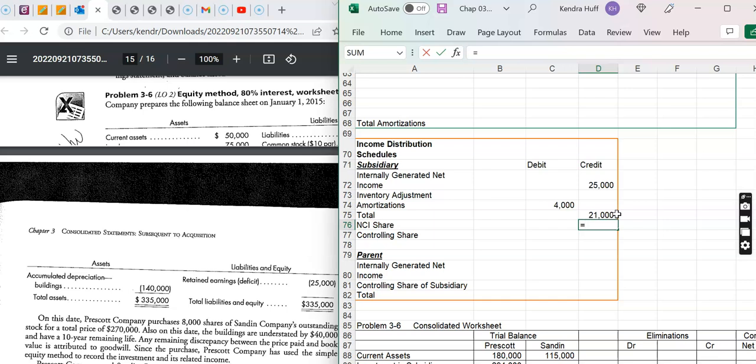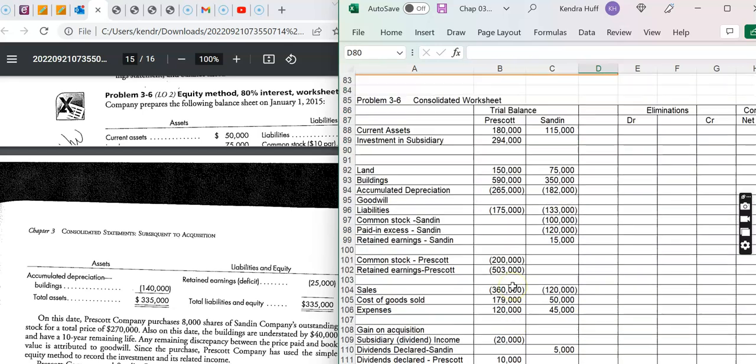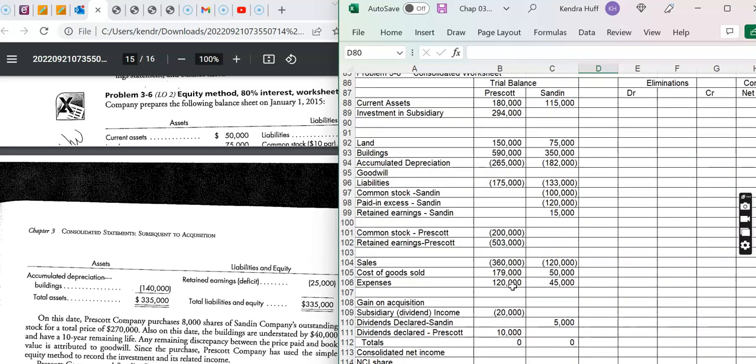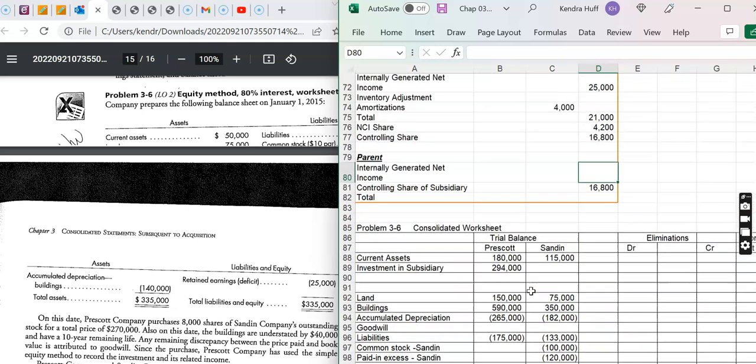They get 20% of it. And we get the rest. All right, our internally generated net income is going to be 360 minus 179 minus 120.